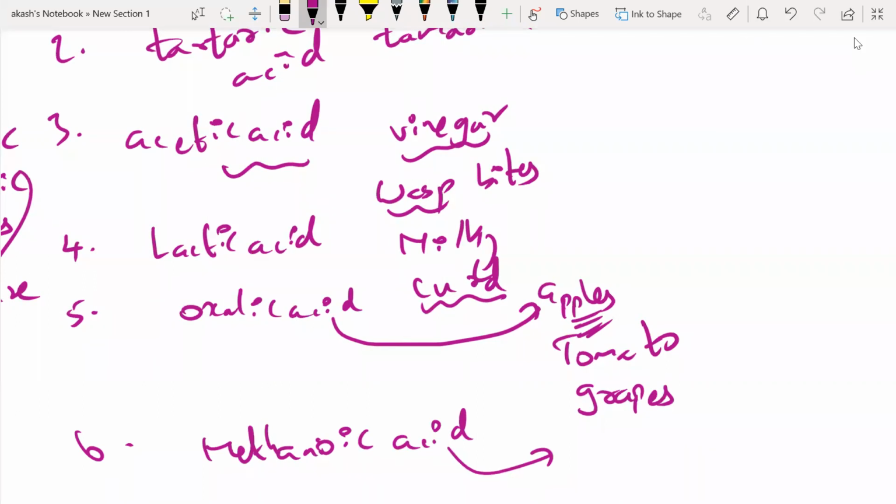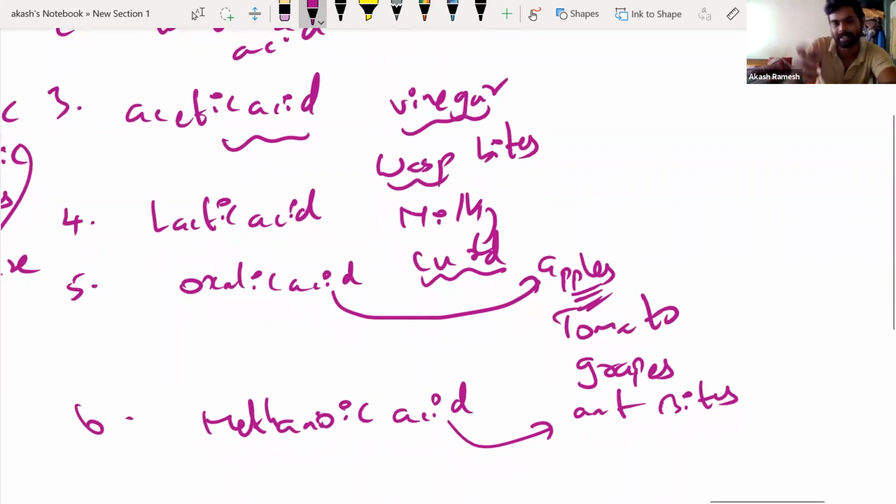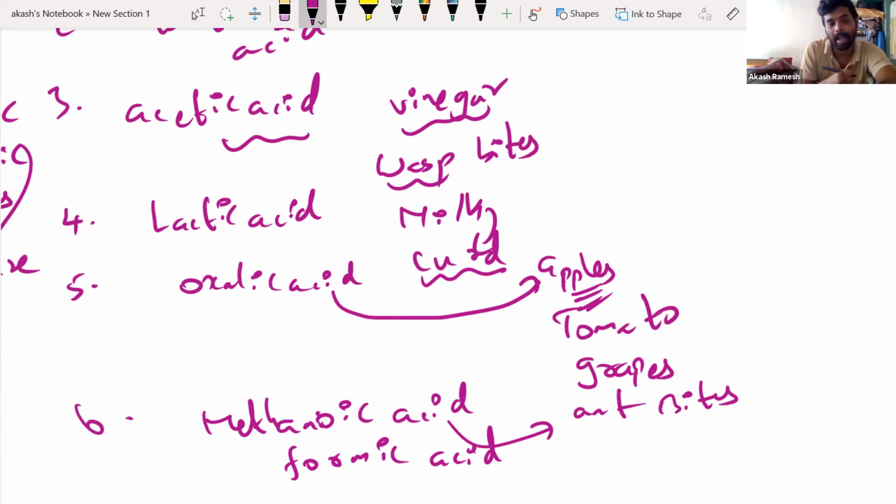Ant sting. Yes, ant bites. An ant bite pains because it contains methanoic acid. The exact name is methanoic acid only, but the common name we use is formic acid.